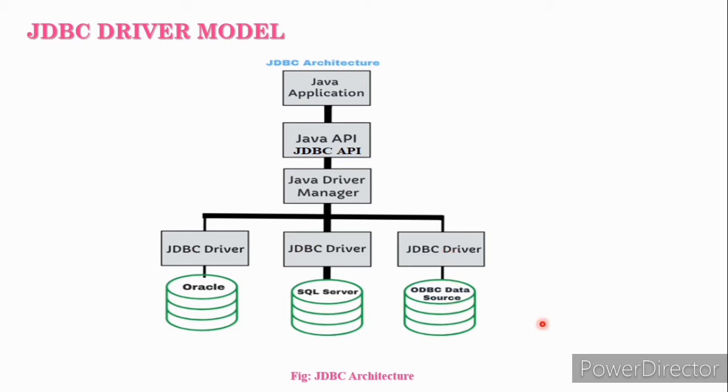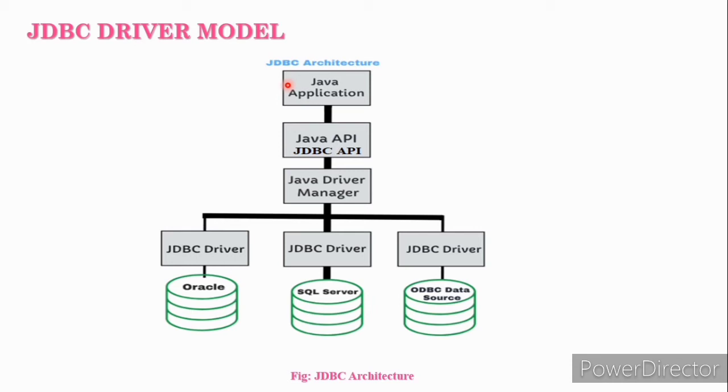A Java application is a set of Java programs that runs standalone on the client side or server side. The JDBC API provides classes and interfaces to connect or communicate the Java application with the databases.